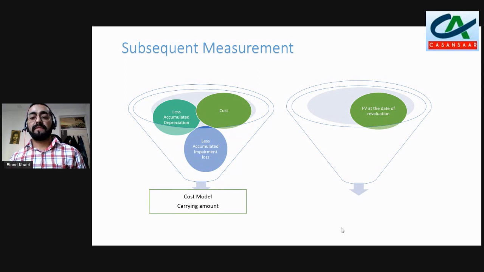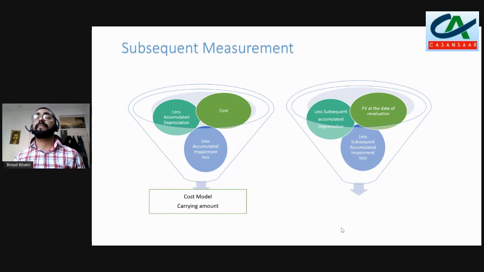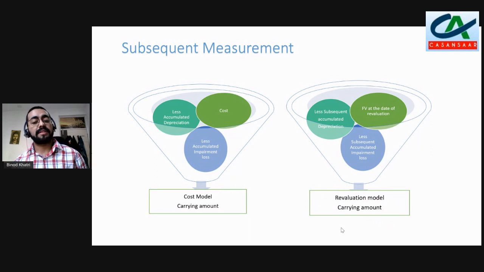Then the fair value of the asset less accumulated depreciation after that period, and any subsequent accumulated impairment loss, will be deducted from that fair value, and the carrying amount is calculated under the revaluation model. So these are the two models used for subsequent measurement of PPE: cost model and revaluation model. Very easy models.